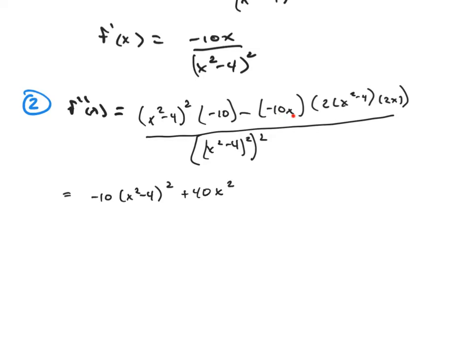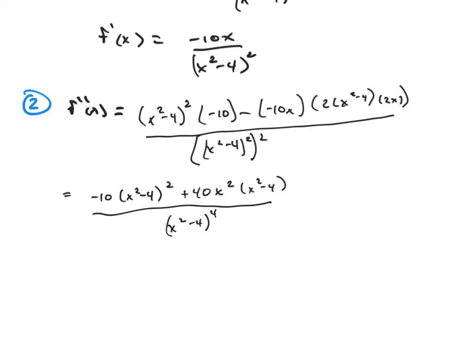Again, that's 10x times 2 is 20x, times 2x would be 40x squared. And then I still have my x squared minus 4 on that one. And this is all over x squared minus 4 squared squared, which makes it the 4th power.